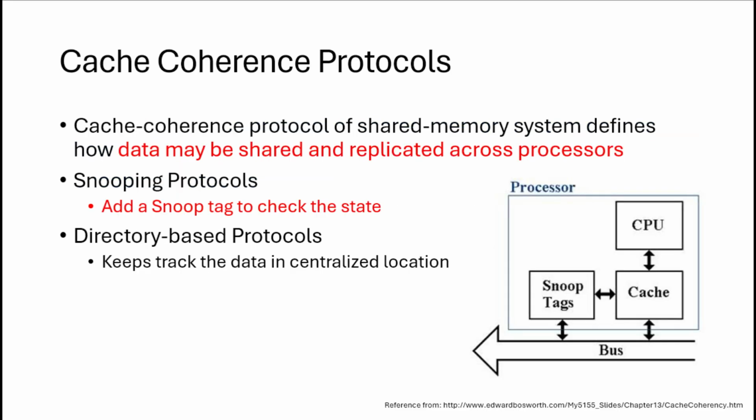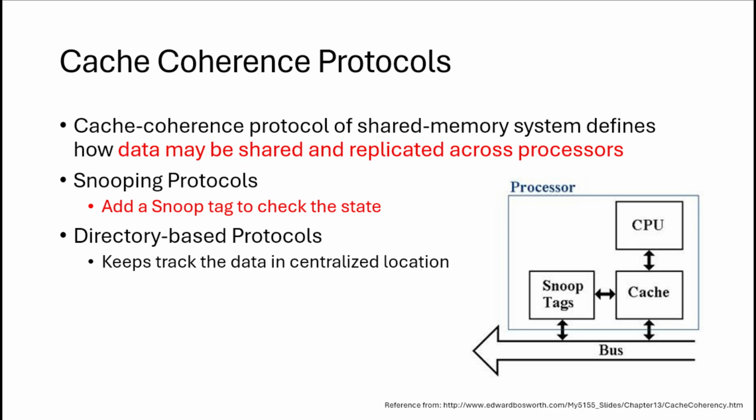And then is cache coherence protocols. The cache coherence protocol of a shared memory system describes how the data may be shared and replicated across the processors. And there are two protocols. The first one is snooping protocols. We can see the picture.